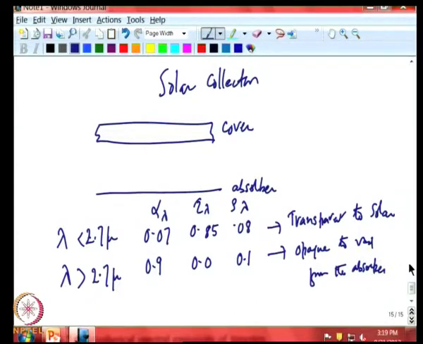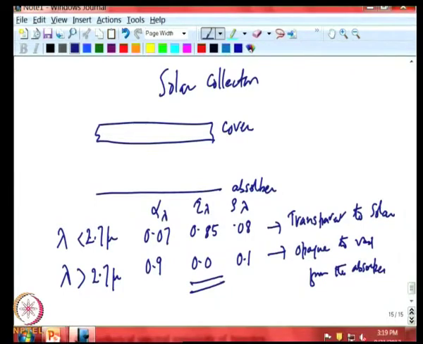The absorber is typically at a temperature of around 70, 80 and 90 degrees centigrade. At that temperature the absorber emits radiation in the range from 4 microns to 100 micron, in which range there is no transmission.